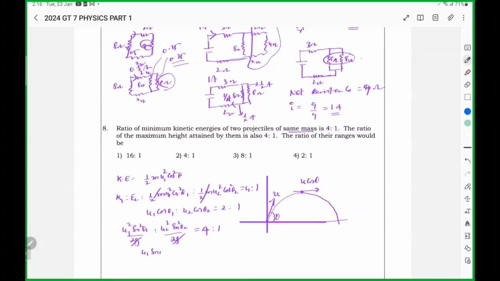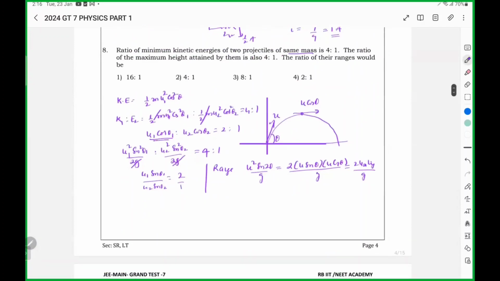That means u1 sin theta 1 by, so the ratio of ranges will be, range has a formula u square sin 2 theta by g, or 2 times u sin theta u cos theta by g, that is 2 ux uy by g.